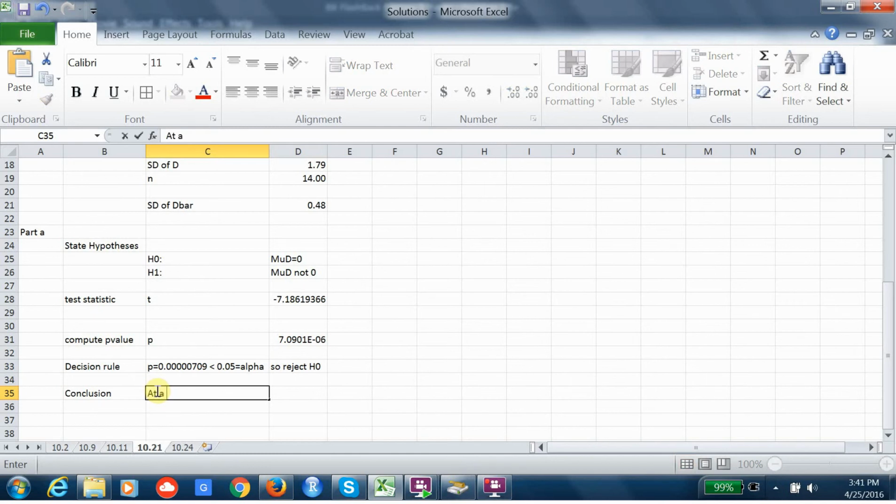So we would say at a significance level of 0.05, we conclude that the mean ratings for the TV and internet services are not equal.